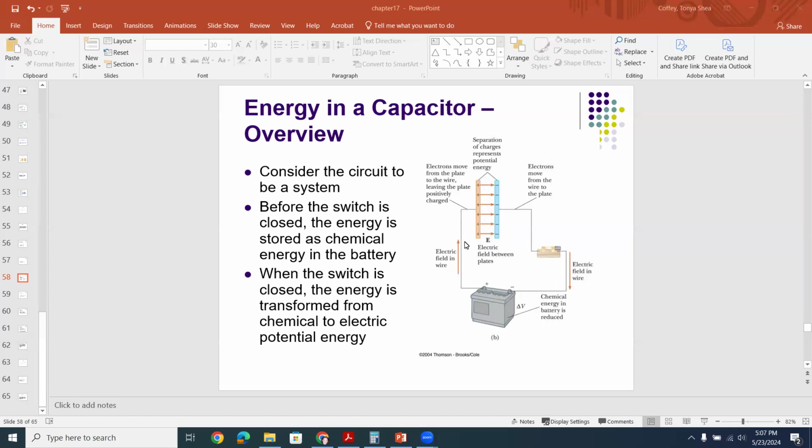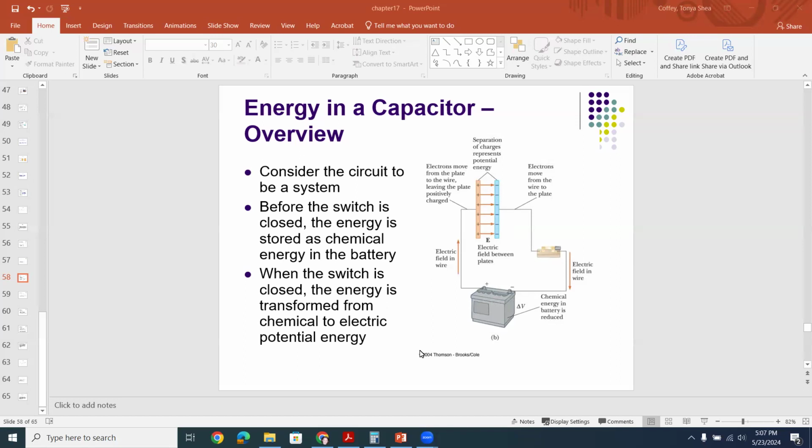Those electrons move counterclockwise down into the positive terminal of the battery. This will continue until the voltage between the plates of the capacitor equals the voltage of the battery. So if it's a 12-volt battery, you'll have 12 volts between the plates of the capacitor. That's how that works.